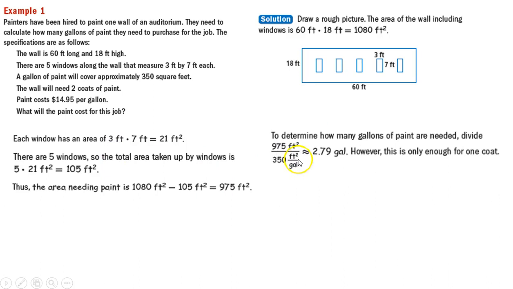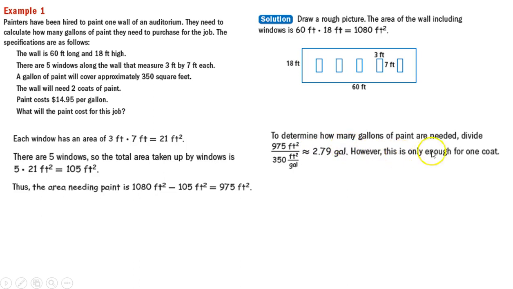So we're going to take that 975 feet squared and divide it by 350, because 1 gallon of paint will cover approximately 350 square feet. This tells us how many gallons of paint we're going to need.